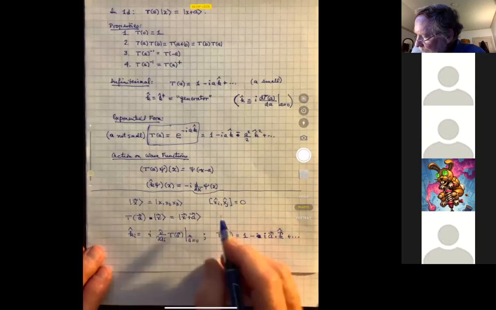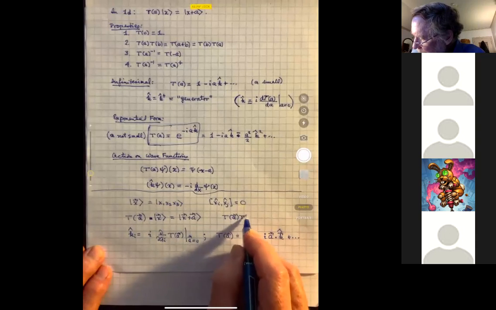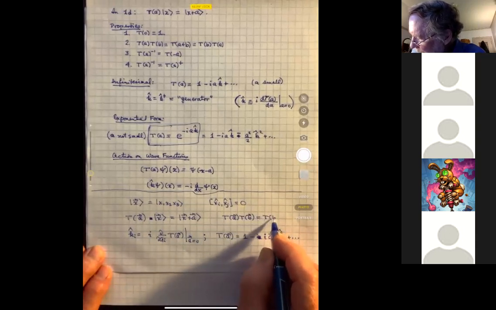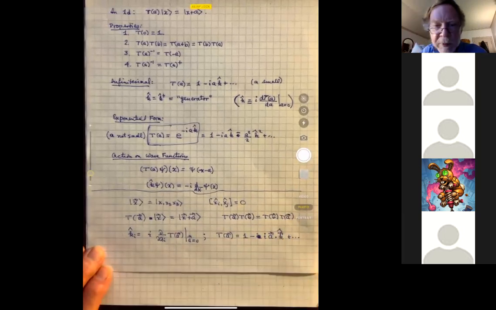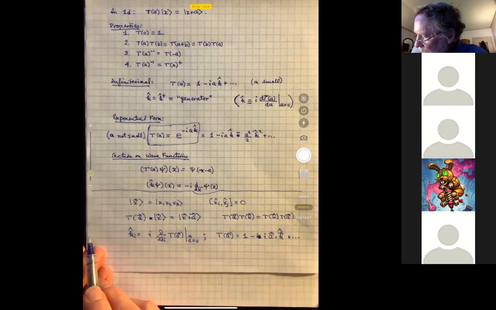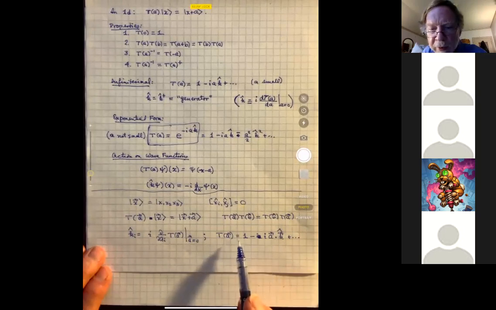Now, in 3D, just as in 1D, the translation operators commute with one another. T of a times T of b is T of b times T of a. The reason is that displacements just add, and addition is commutative. So all translation operators commute with one another, and in particular, infinitesimal translations have to commute with one another.